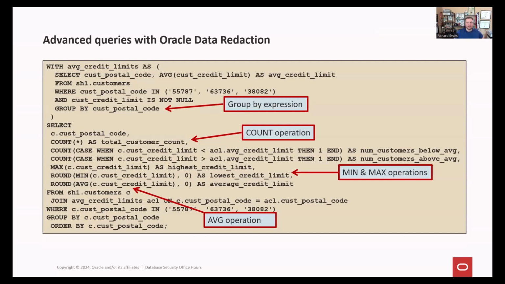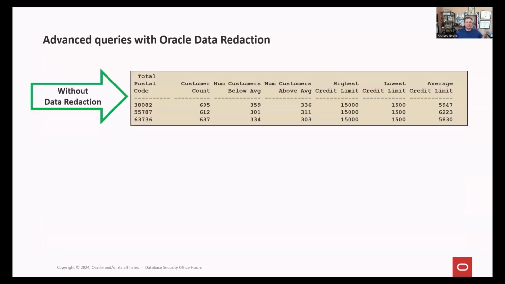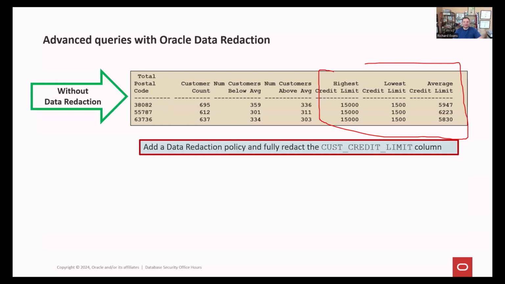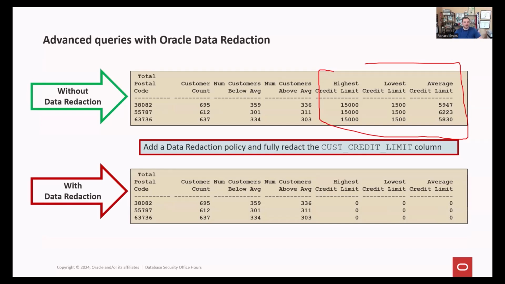So this query here, if I had applied a redaction policy to the customer credit score here, this credit limit right here, what that's going to look like is it looks like this where we can see the data initially. We can see all this raw data here, their highs, their lows, their average. But if we add a data redaction policy on that credit limit column, we can turn it into where it looks like zeros instead, right? So we still get all of the customer count information.